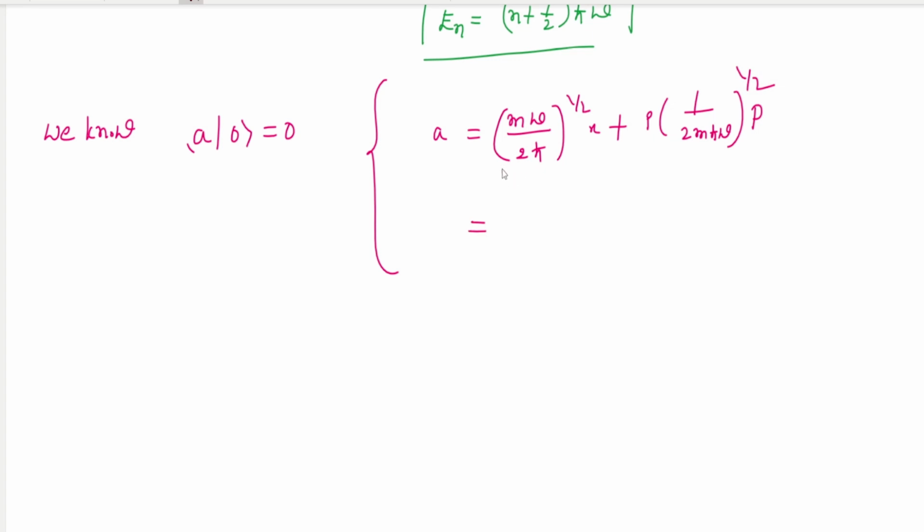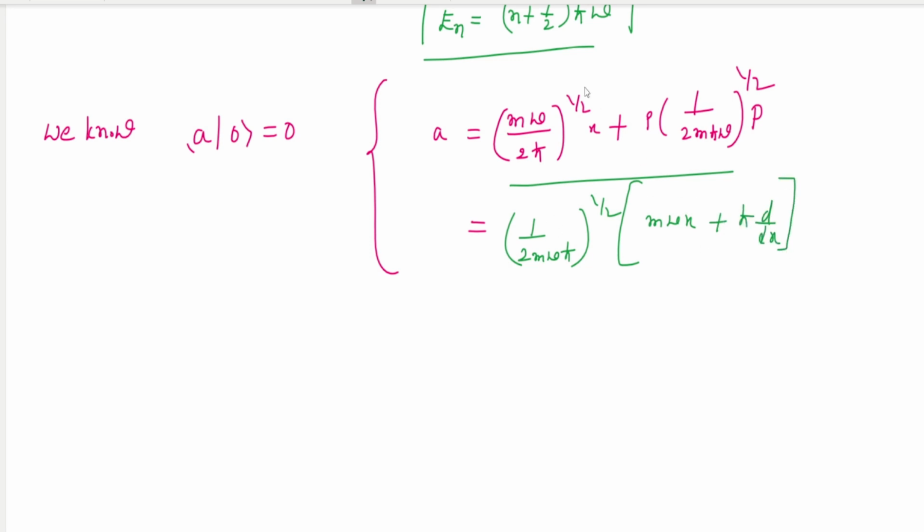So this equation I'm going to express like this: just take 1 divided by 2 m omega h cross as common, for these two terms. Then you get m omega x plus h cross d by dx. You multiply this thing, then you get this. So this is operator A, right?